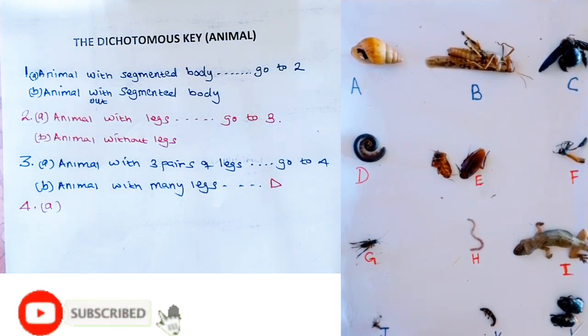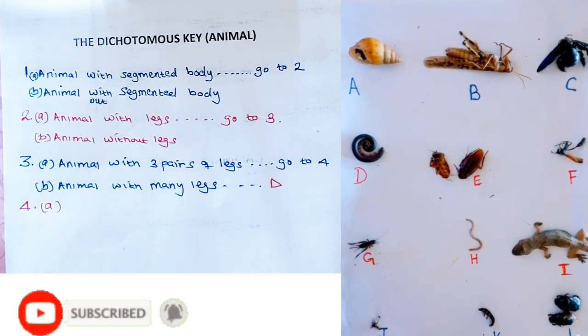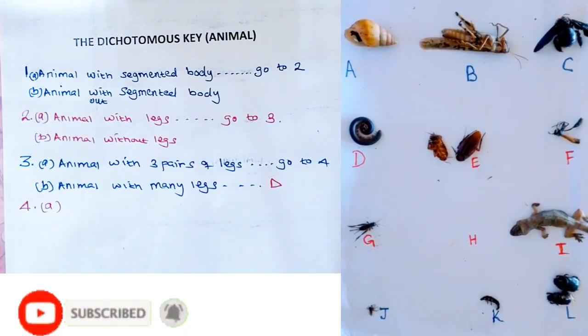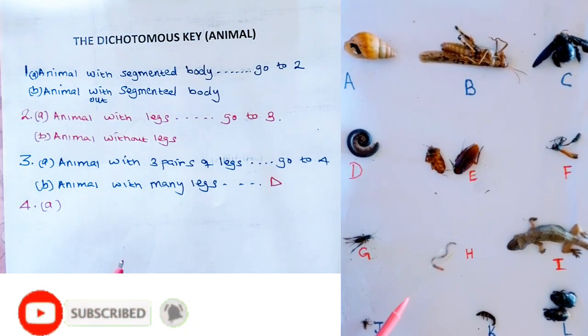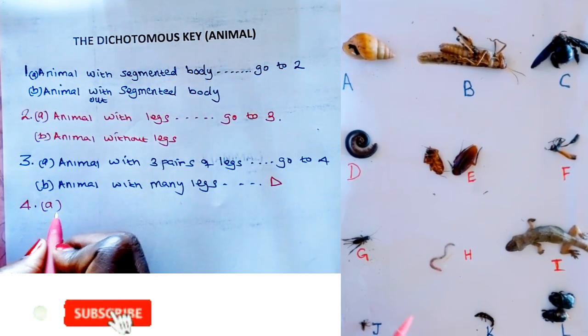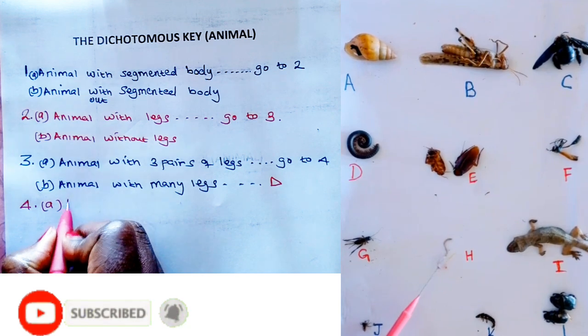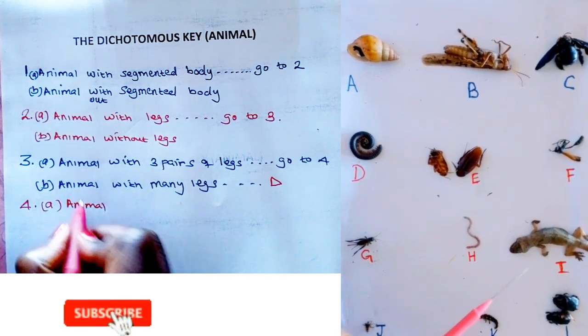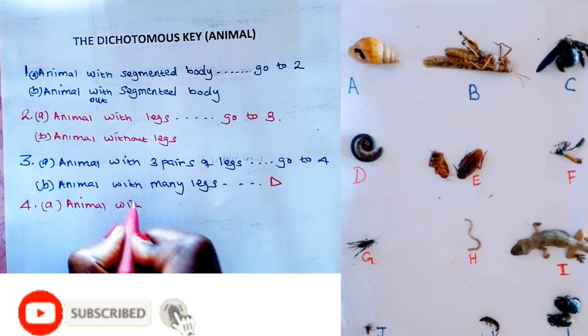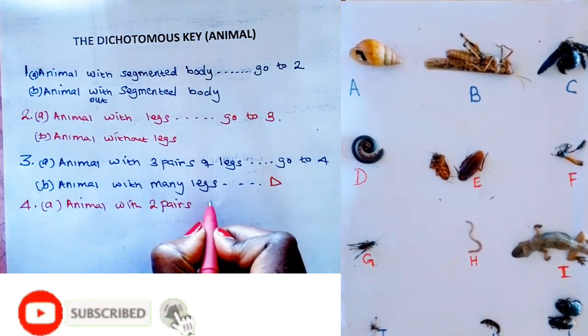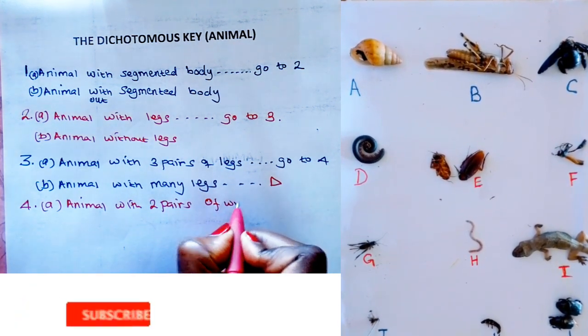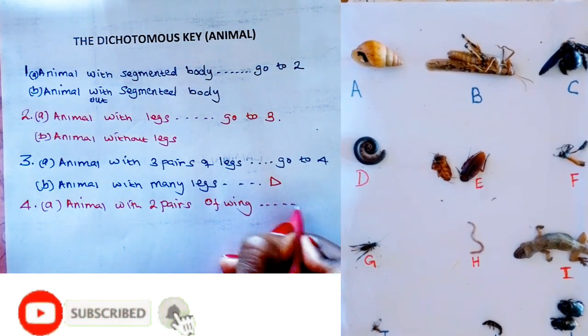So we can use the nature of the front, then the pairs, the number of pairs of wings, so that we identify C. Animals with 2 pairs of wings, there are many, okay?